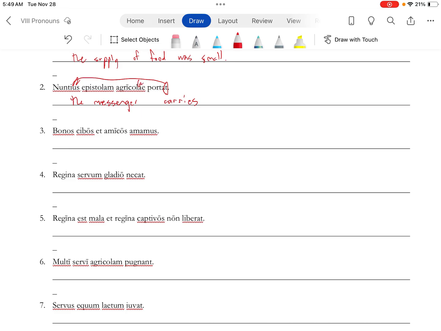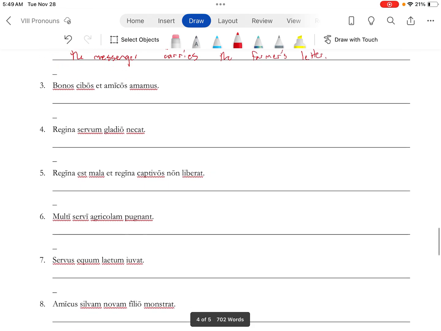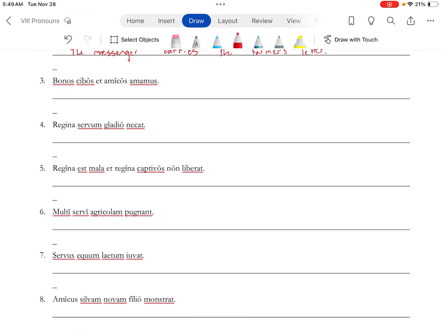AE is going to be genitive here. The farmer's epistle, a letter. Have a look-see at the verb first. Mus is we. We love good food and friends.